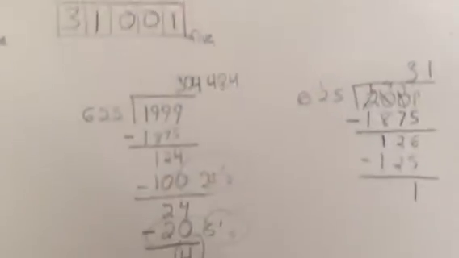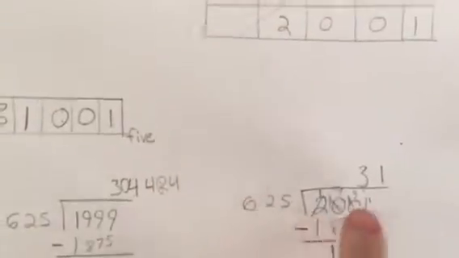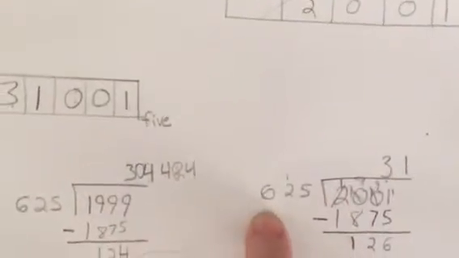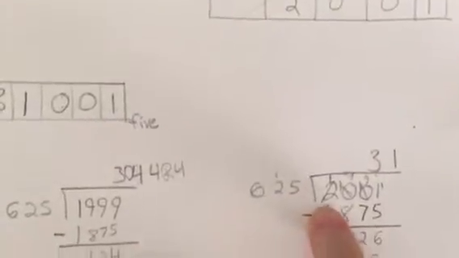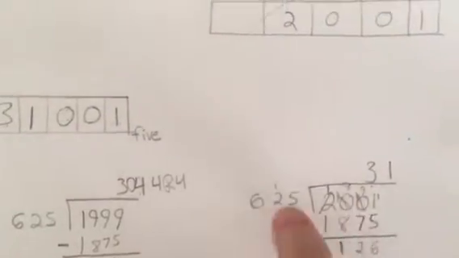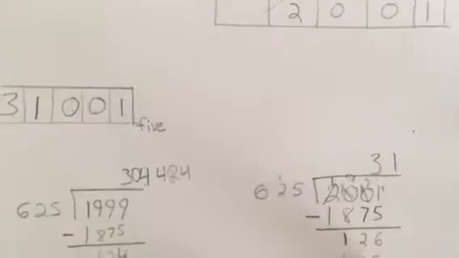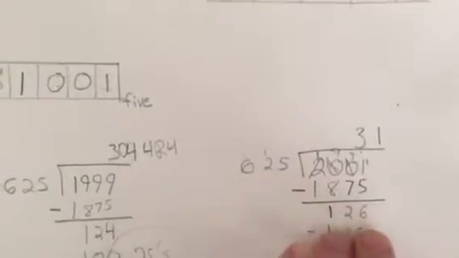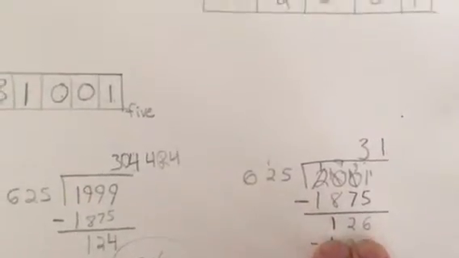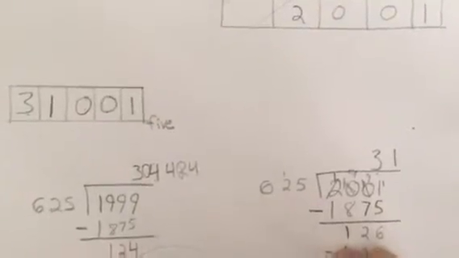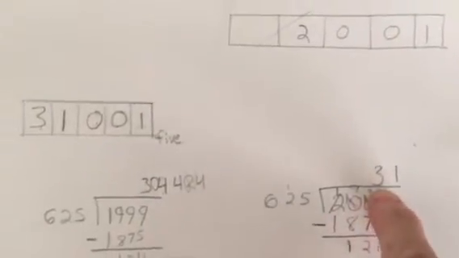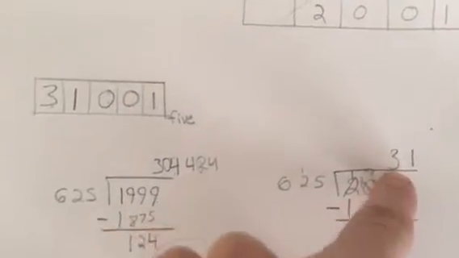So we take that number 3, we multiply 3 by 625, it turns out to be 1875. We subtract that from 2001. You know how to carry and borrow. The remainder there is 126. It's not 625 or 626, so we know that the maximum amount of times that goes in is 3 times.